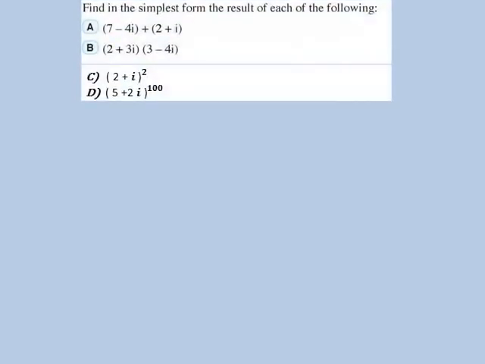Now we will learn how to add, subtract, multiply and make the four operations on complex numbers. The example, find in the simplest form the result of each of A, B, C, D. In the first, we will add the two complex numbers.